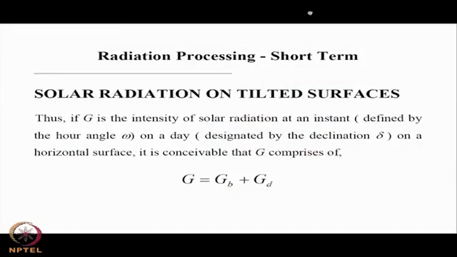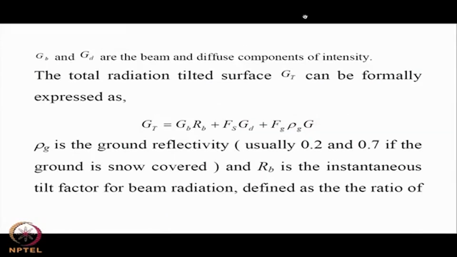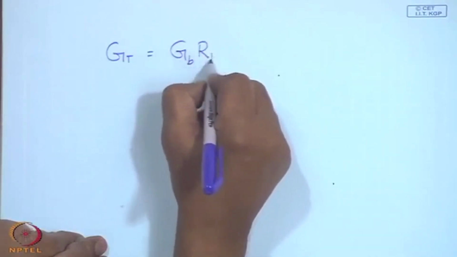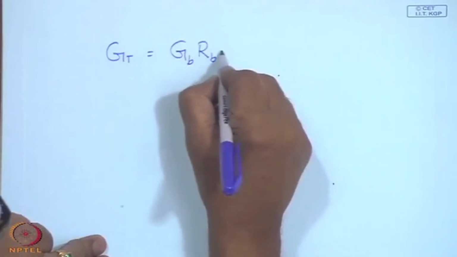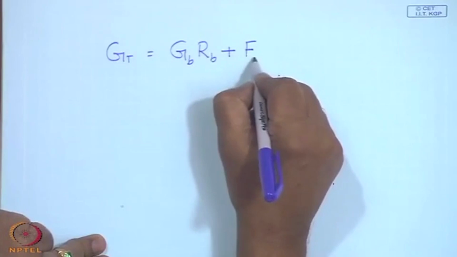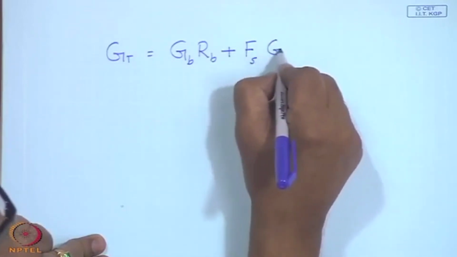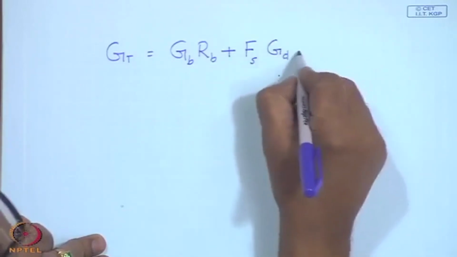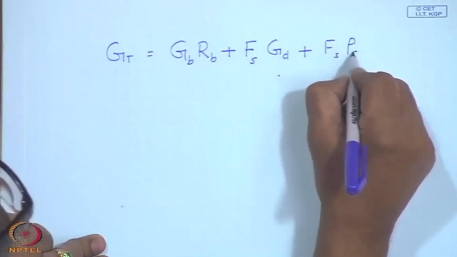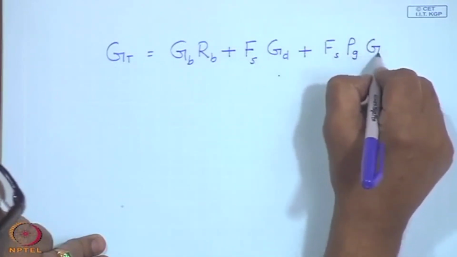People have expressed this G T comprises of direct radiation part plus a fraction of the diffuse radiation plus another fraction of the ground reflected radiation.